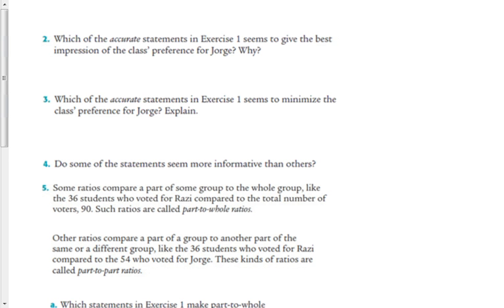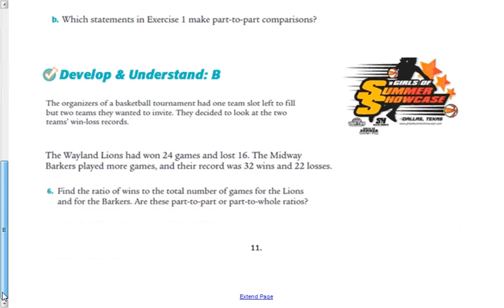Let's go down to number 6. We're comparing the wins and losses here. It says the Wayland Lions won 24 games, lost 16. The Midway Barkers played more games, and their record was 32 wins and 22 losses. Find the ratio of wins to the total number of games for the Lions and for the Barkers.